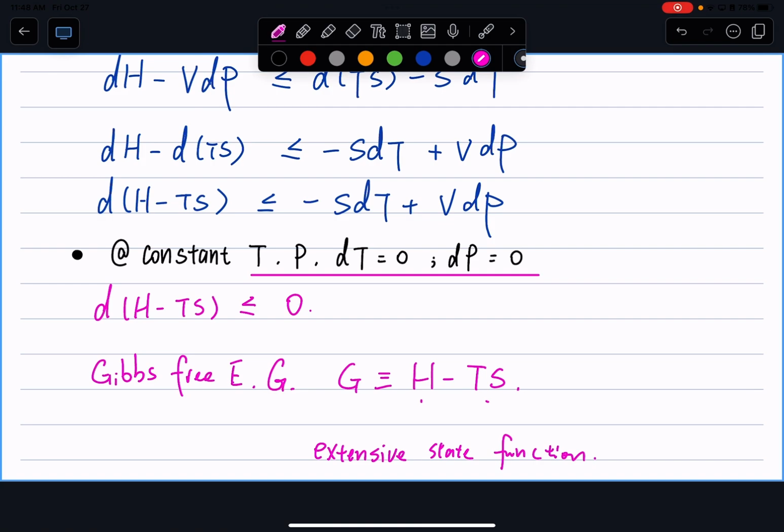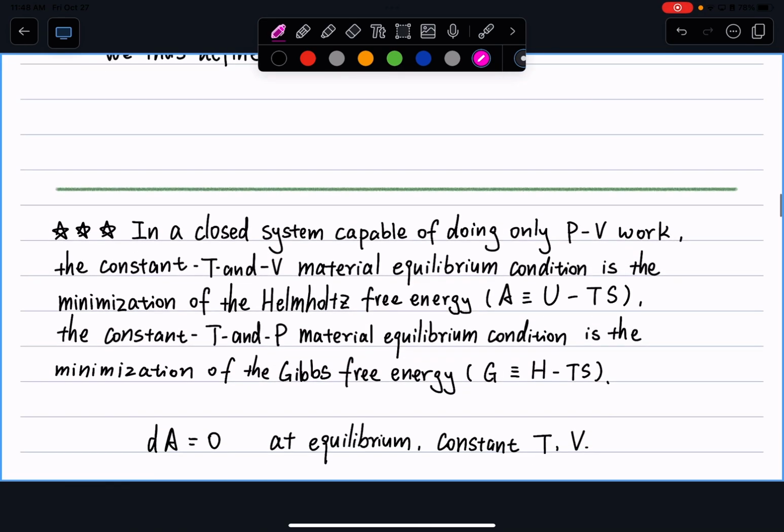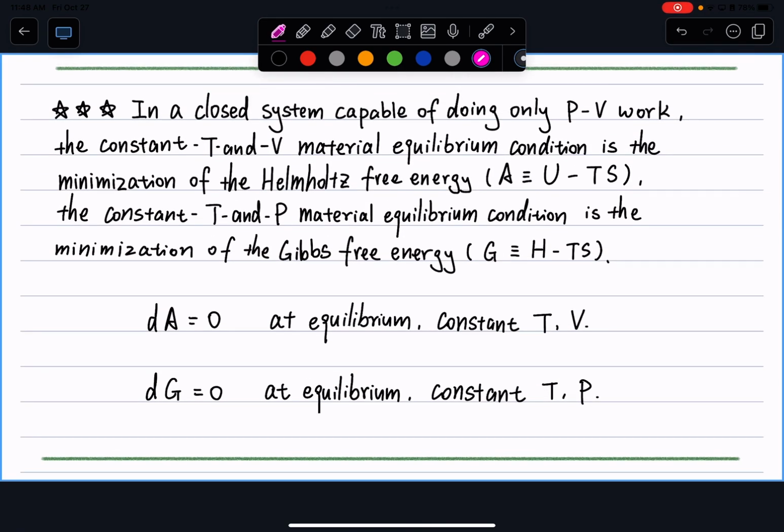So your Helmholtz free energy, A, equals 0 when a system is only doing PV work, right? So your state function A, the Helmholtz free energy, equals 0 at material equilibrium when we're considering constant temperature and volume processes. And your Gibbs free energy, G, which is defined as H minus TS, equals 0 for a constant pressure, temperature process.